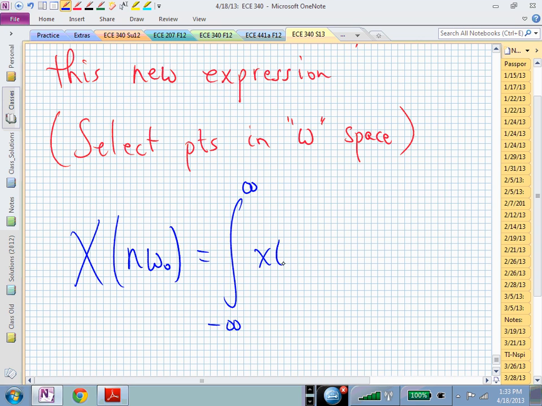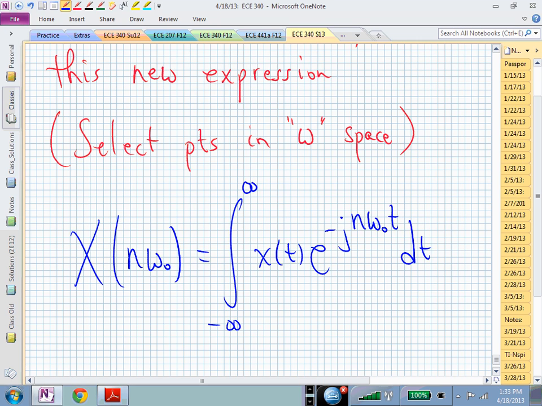We have x of t, e to the minus j n omega naught t, dt. But that should look very, very familiar. If we just had a 1 over T naught, that would be our D sub n. What are we doing? Just chasing our tail? Sort of, but that's what's guiding us.